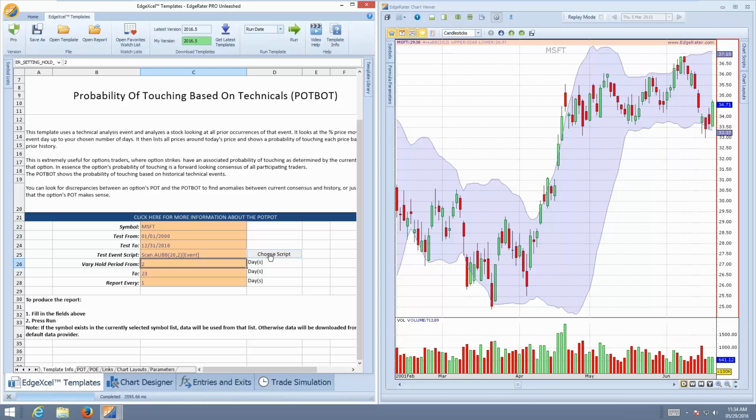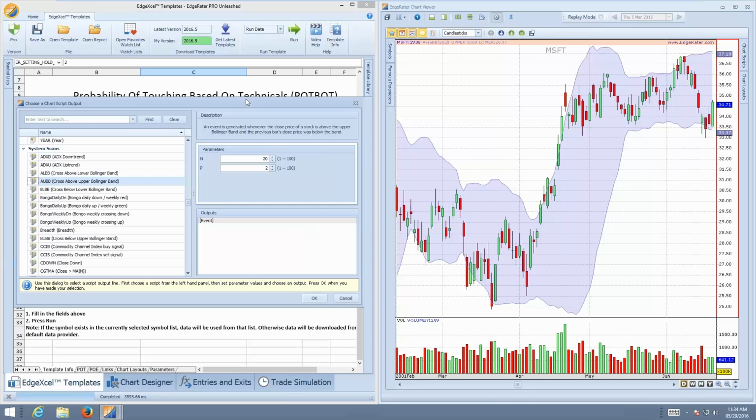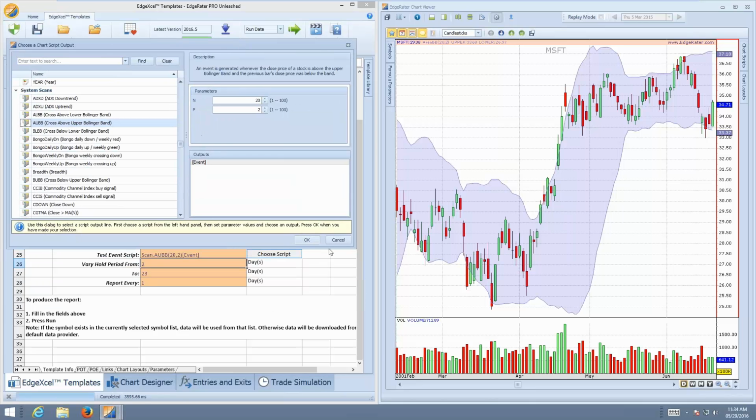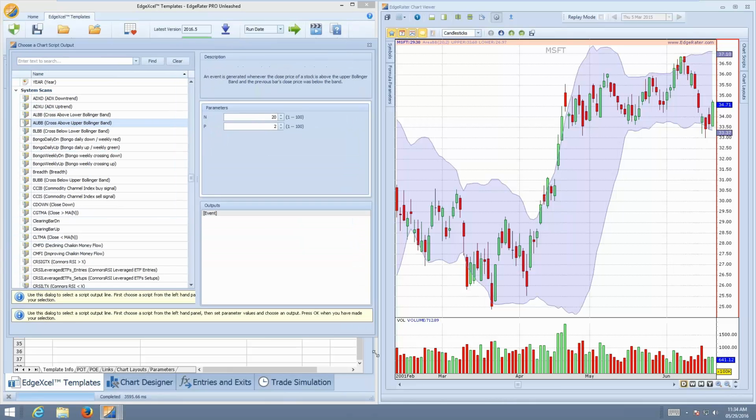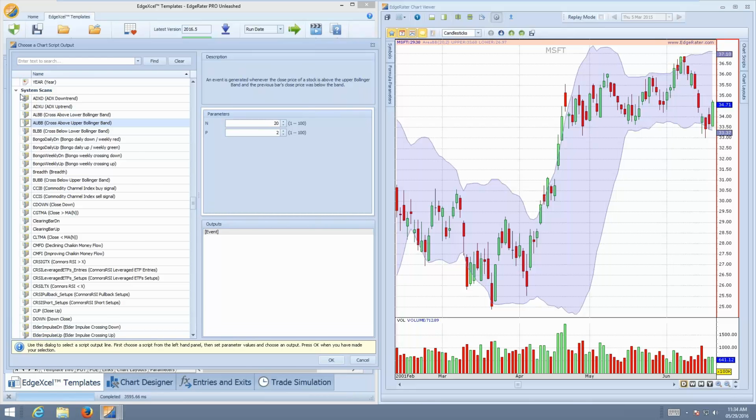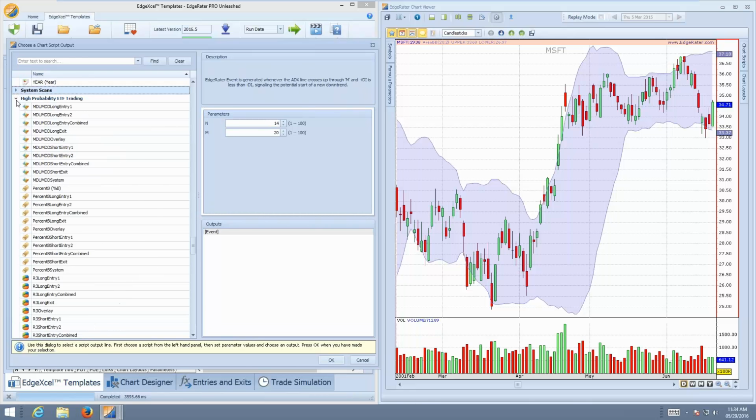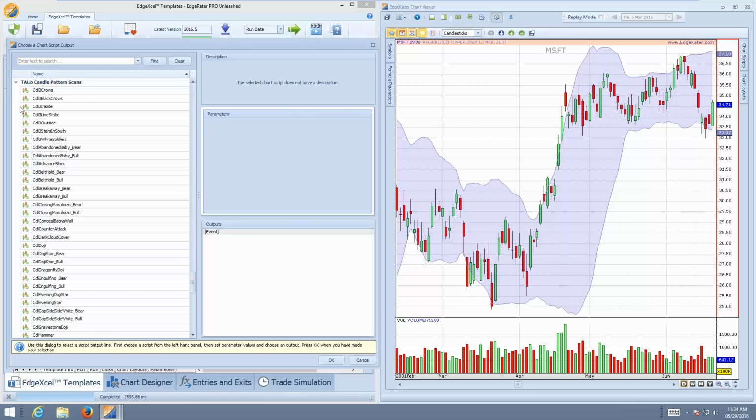One of the things that is quite nice now, which has been in here for a long time but now becomes quite useful, is that instead of looking at the system scans area, there's actually a whole list of candle pattern scans. This comes from a third-party library. These are defined somewhere else, but they have always been in the system.